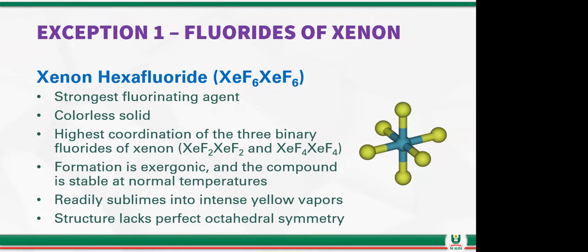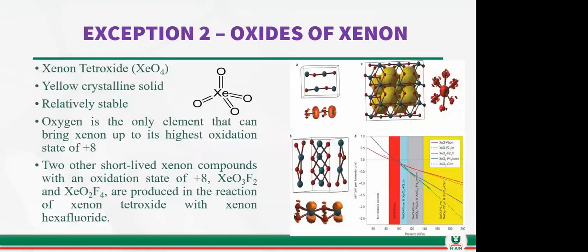So they have the highest coordination as binary compounds. The compound is stable even at room temperature. It readily sublimes into an intense yellow vapor. The structure lacks perfect octahedral symmetry.